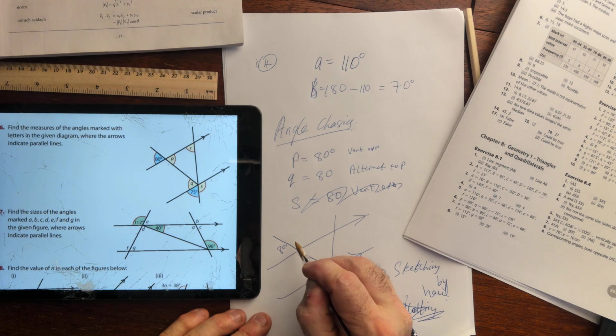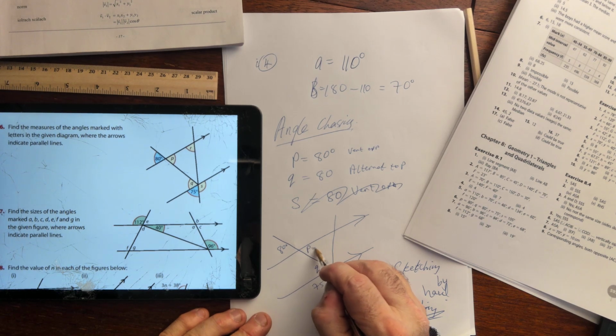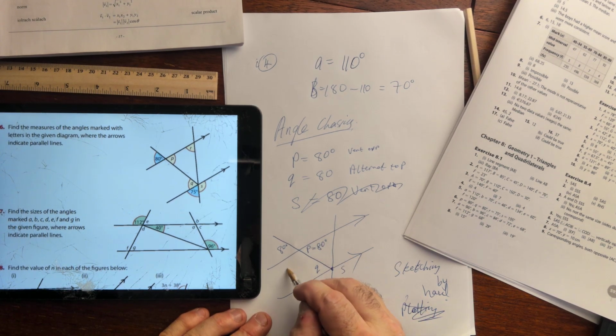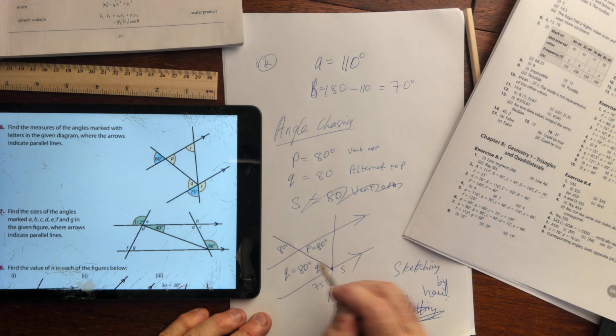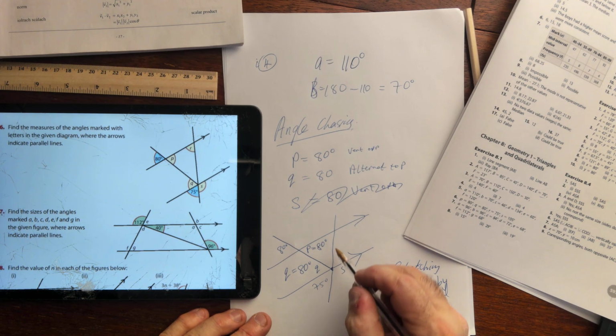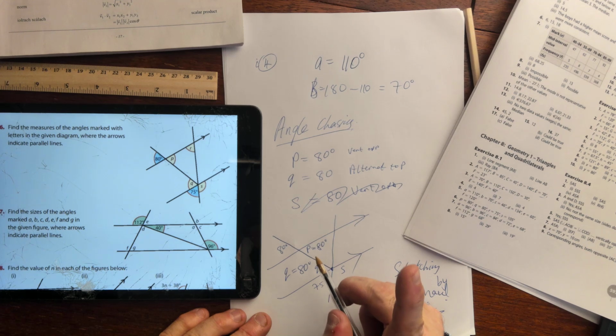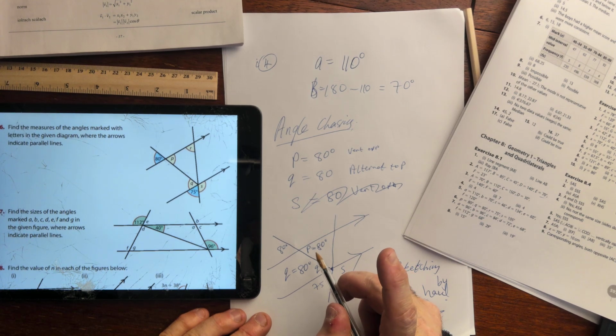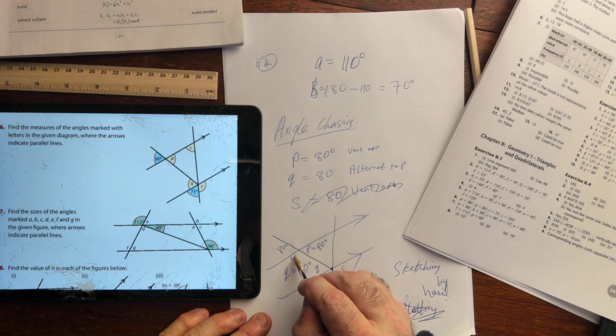80 degrees here, and I'll just say P equals 80 degrees, Q equals 80 degrees. This is 100 degrees.